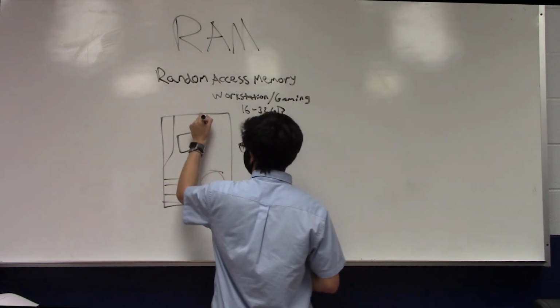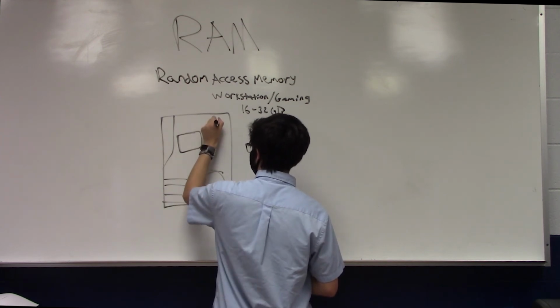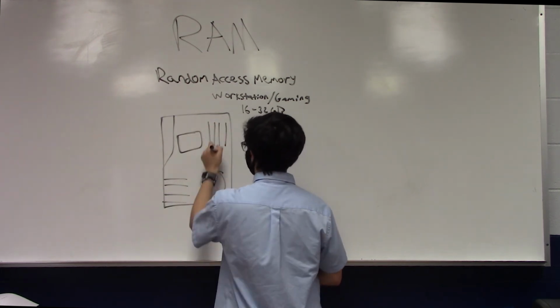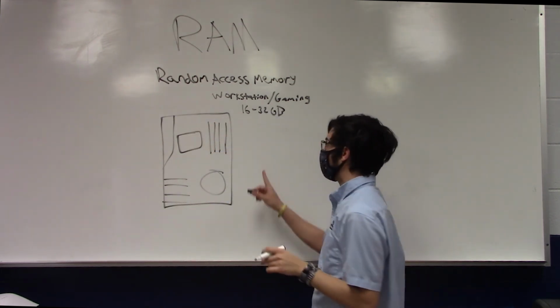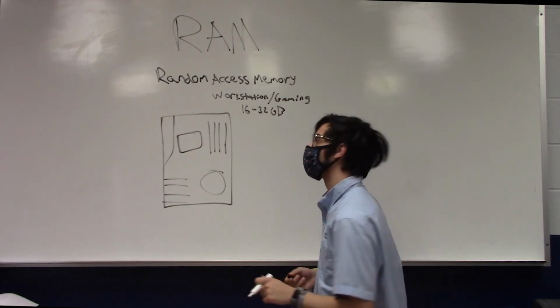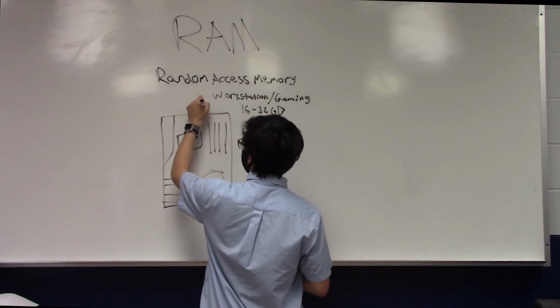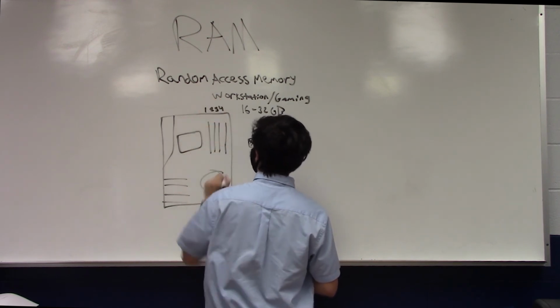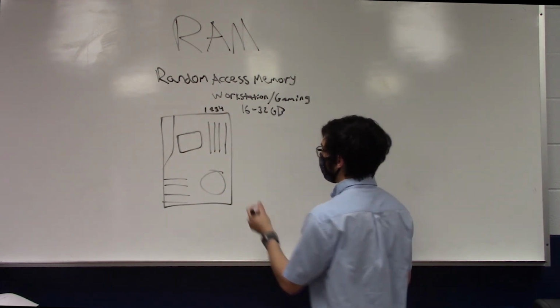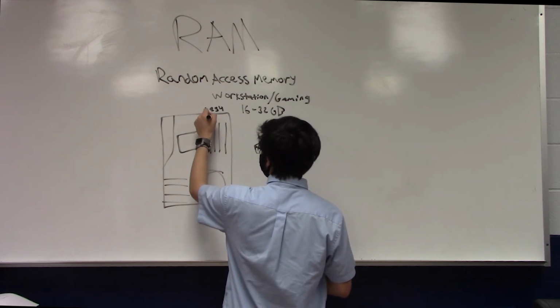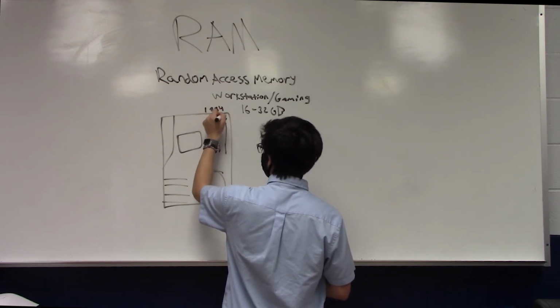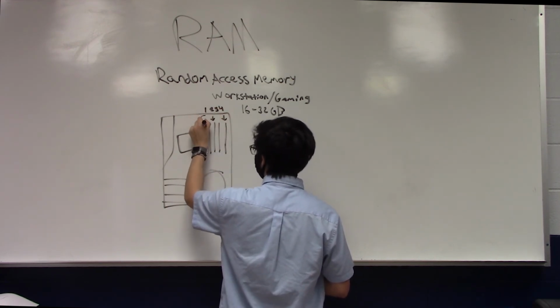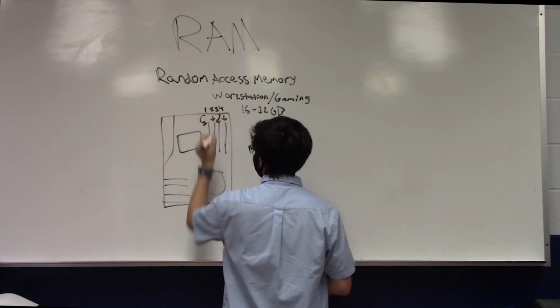And then we have 4 RAM slots. Now, the RAM slots are labeled as 1, 2, 3, and 4. You can put it in either the 2 and the 4, or you can put it in the 1 and the 3 slots.